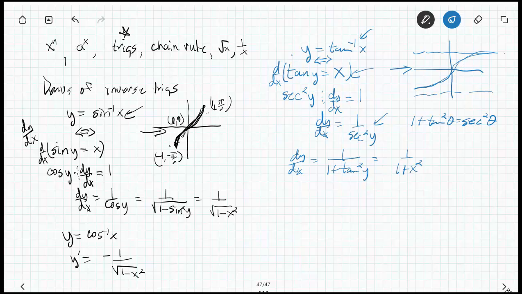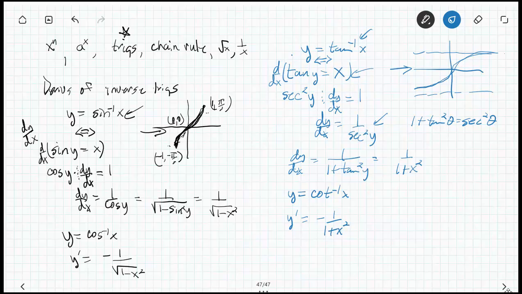This derivative shows up over and over again. You have to know the derivative of inverse tan and the derivative of inverse sine. Inverse cos and inverse cotan, not so much. If y is equal to the inverse cotan of x, then y prime is equal to negative 1 over 1 plus x squared. Now, I'm not going to go through it because now you can see the trick.